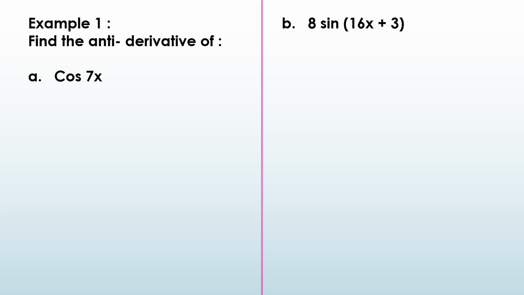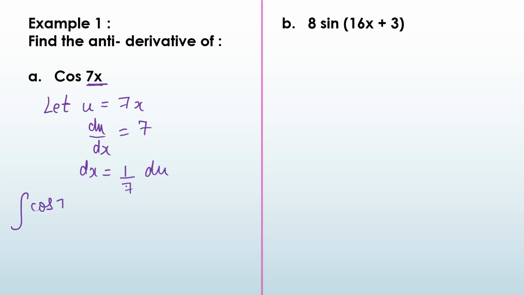So moving on to some examples. Cos 7x. If you want, you can use the substitution method here, but that's not needed. Some people might want to see how we get to the answer. So let u be equal to 7x. So du over dx becomes 7. I can write dx as 1 over 7 du. So now cos 7x dx is, so what was our 7x?